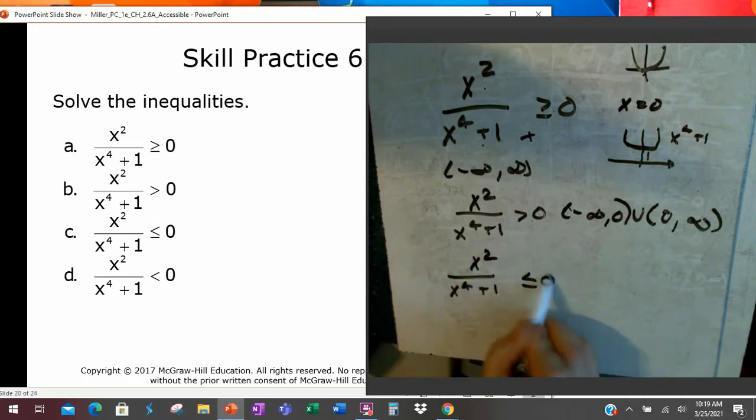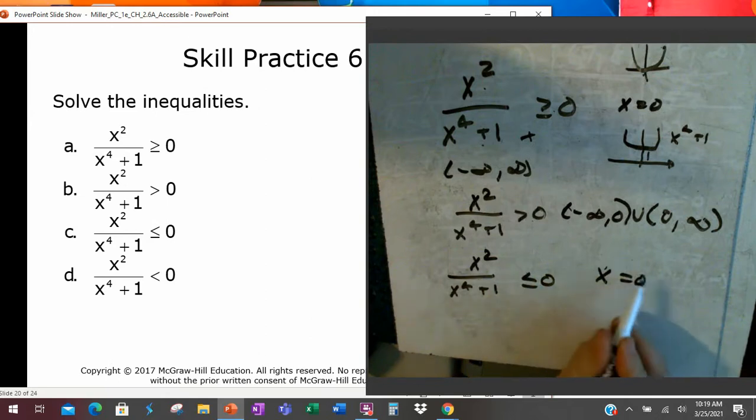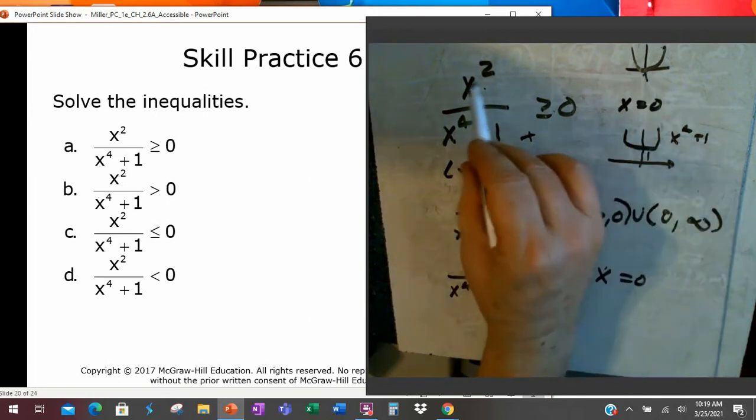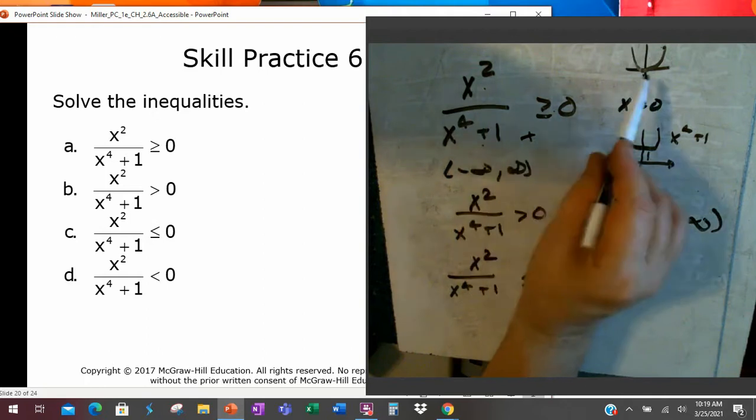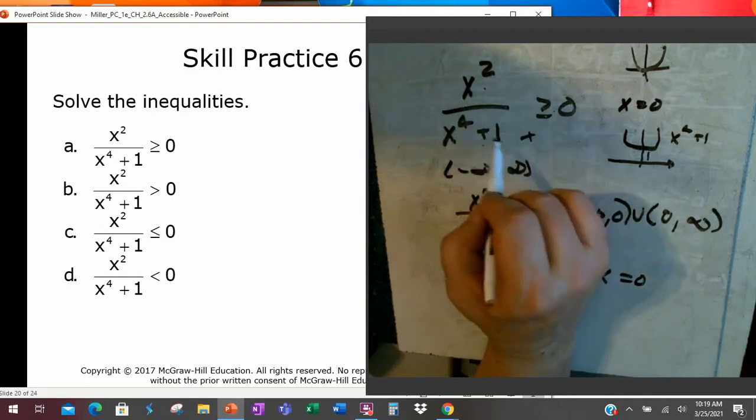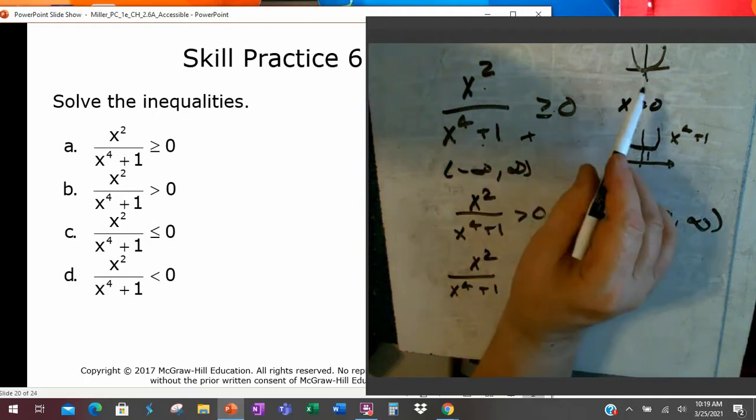Where's this less than or equal to 0? The only point that is always positive, so it's never going to be less than 0, but that equal to 0 is at that, the 0 when this is 0. So at 0, this is 0 over 0 plus 1, 0 divided by 1 is 0.